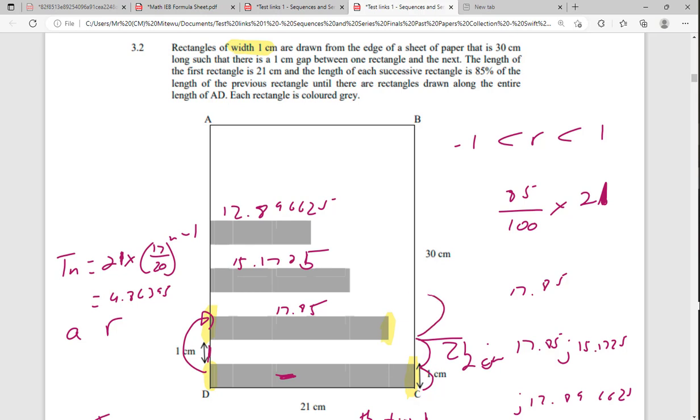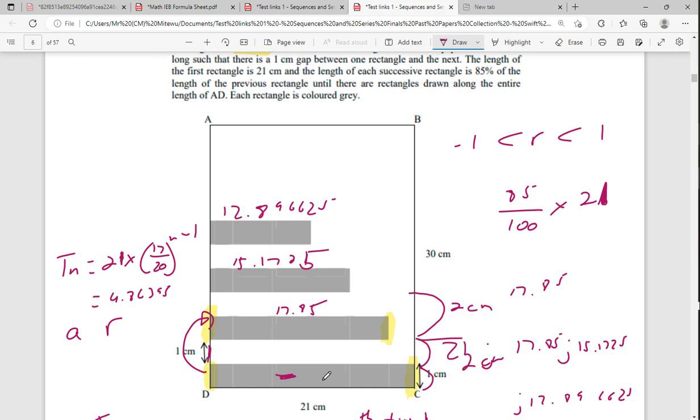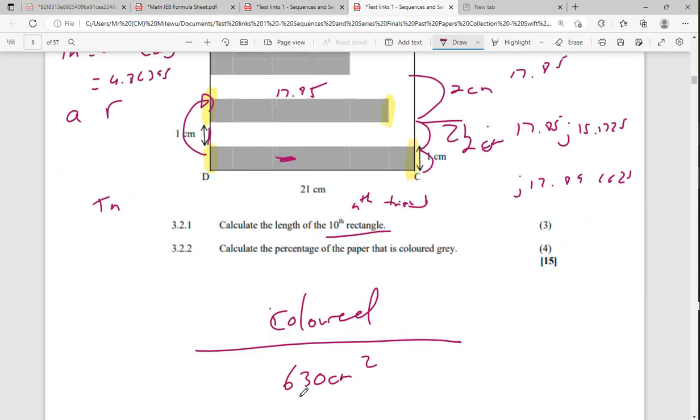Then we use up another 2 centimeters for another rectangle. You'll realize that at this rate, 15 rectangles would get us to 30 centimeters. So we know then our nth term is going to be 15, so n is equal to 15.